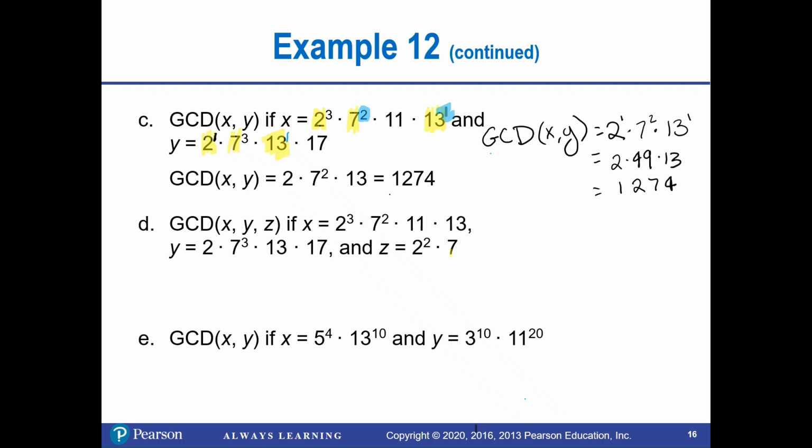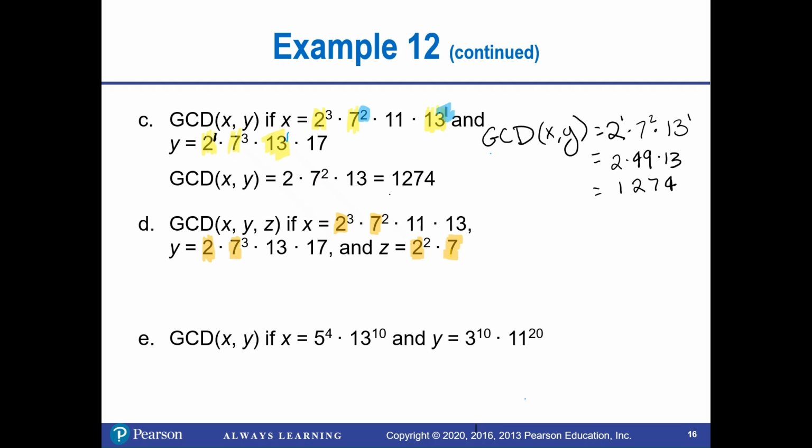Another similar example, so again, we have prime factorizations of x, y, and z. So now we have 3 numbers that we're trying to find the greatest common divisor between. So again, I'm going to look for the prime factors that are shared between x, y, and z. So all of x, y, and z have 2 as a prime factor. X, y, and z also have 7s in their prime factorization.